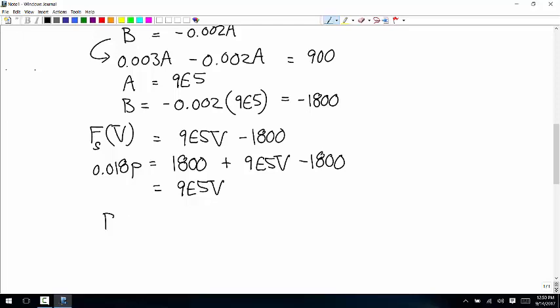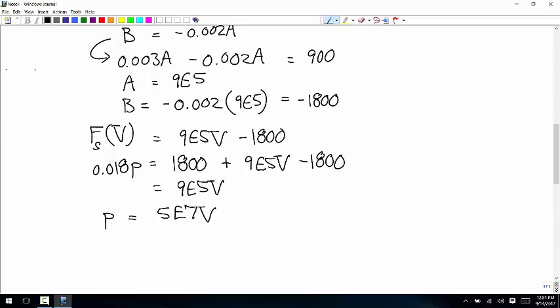And so P is that divided by 0.018. Someone calculate that for me. 5 times 10 to the 7 times the volume.